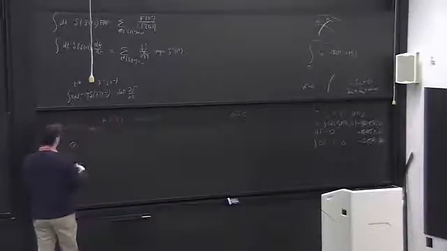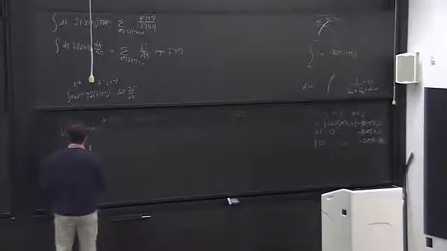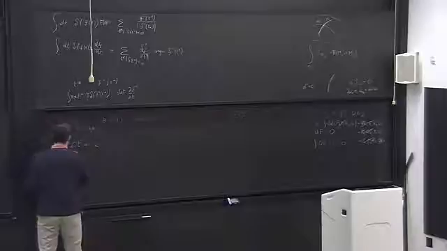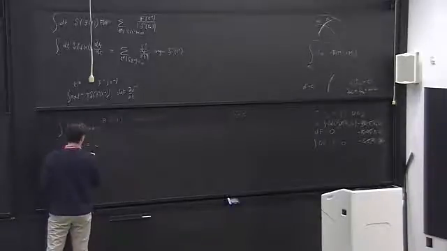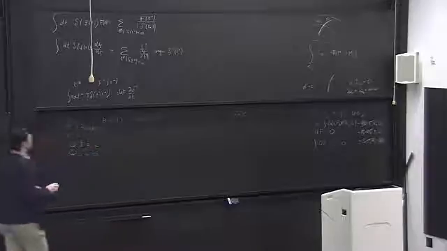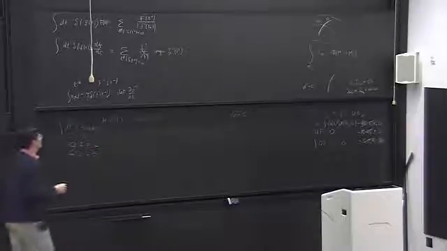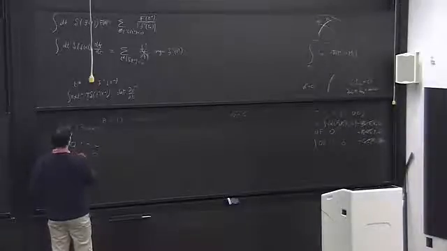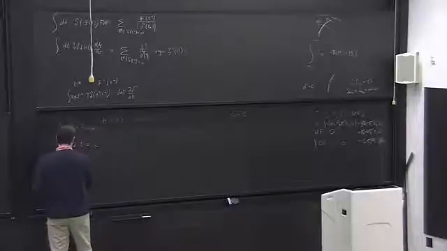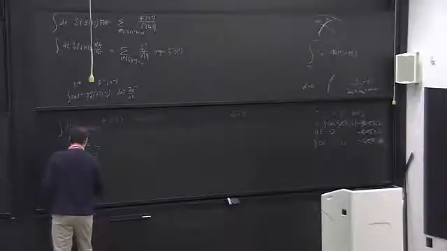Now, after all this work, let me just define Q. QT is C, QC is 0, and QB is capital B, and QB is 0.